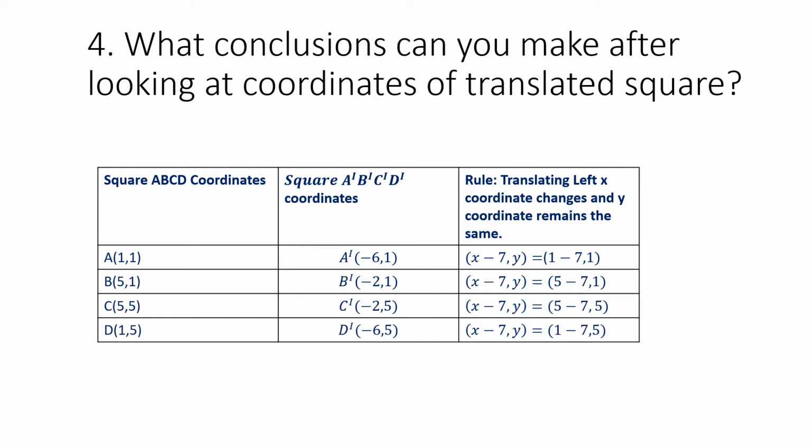So x - 7. 1 minus 7 gives us -6. Same with B prime, 5 minus 7 gives us -2. C prime is 5 minus 7 gives us -2. And D again is same as A. 1 minus 7 gives us -6. Y coordinates is same. Only x changed.